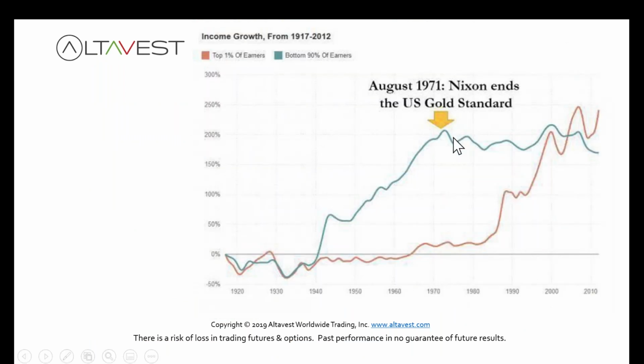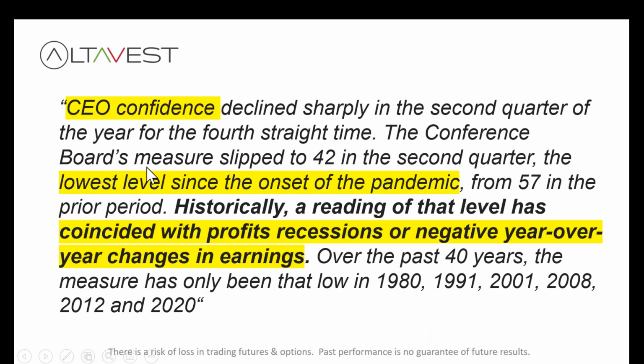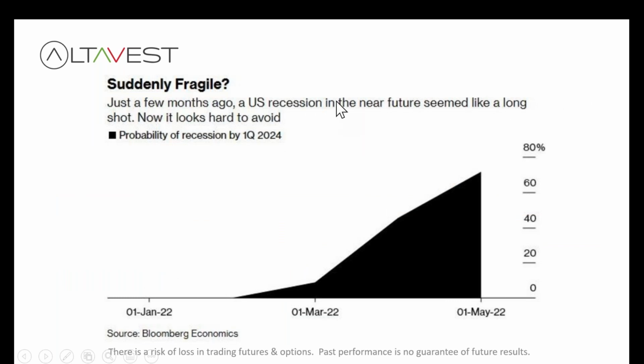We don't need to go into it, but as they go off the gold standard, here's what happens to the top 1% of the earners compared to everyone else. So CEO confidence is now negative, coinciding with the profits recession or negative year-over-year changes in earnings. U.S. recession odds are now rising, getting close to 80%, according to Bloomberg.